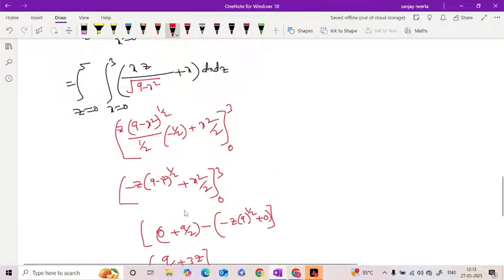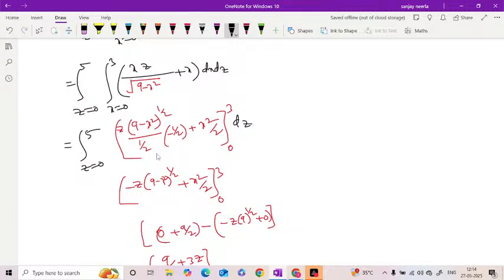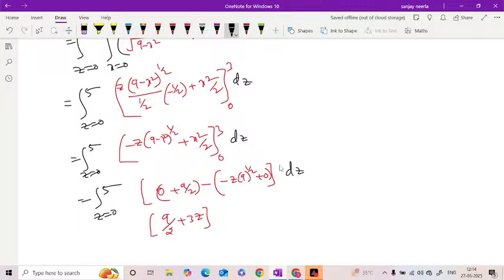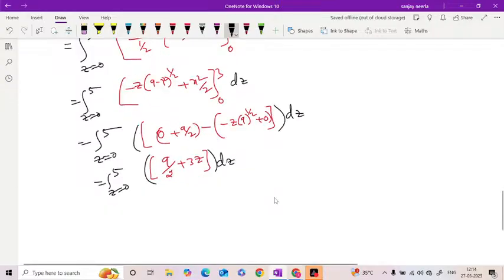Now come to the second integration. In the second integration, now z is equal to 0 to 5 into dz. What will we get as the result?